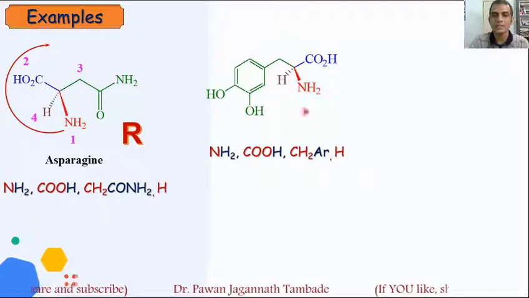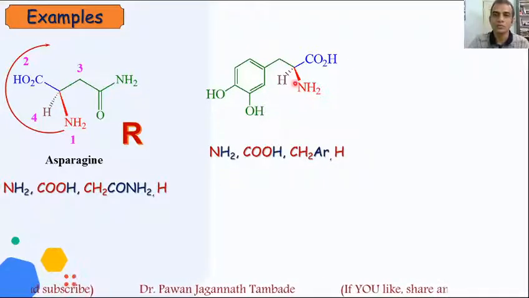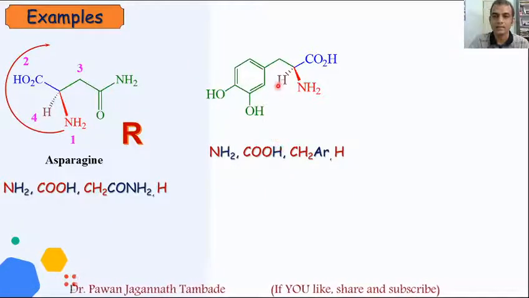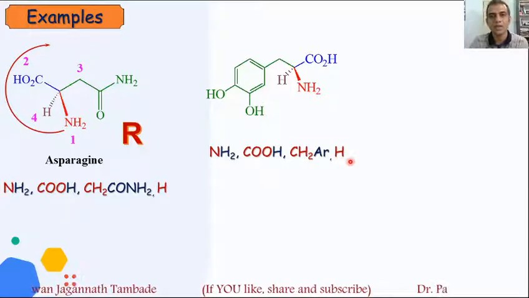When we assign priority to these atoms or groups, NH2 will get first priority, COOH will get second, this CH2Ar group will get third priority, and hydrogen will have fourth priority.